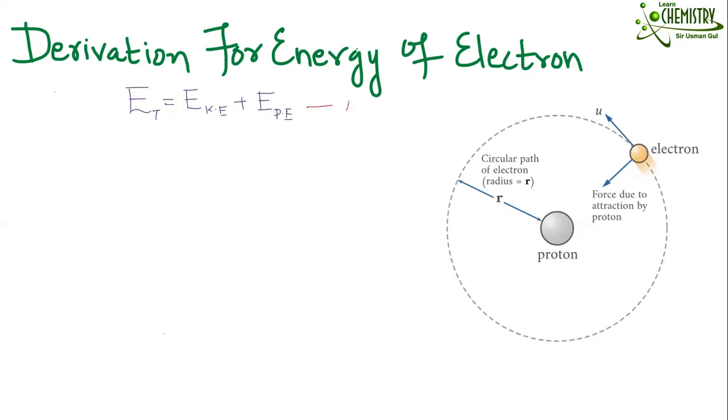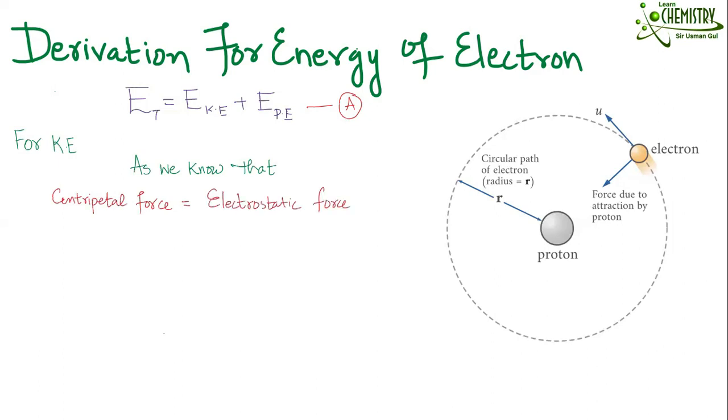I will make this equation as equation A. Now for kinetic energy, I will use the same relation, that as we know, centripetal force is equal to electrostatic force according to this condition. So centripetal force has a formula mv square upon r equals kze square upon r square.